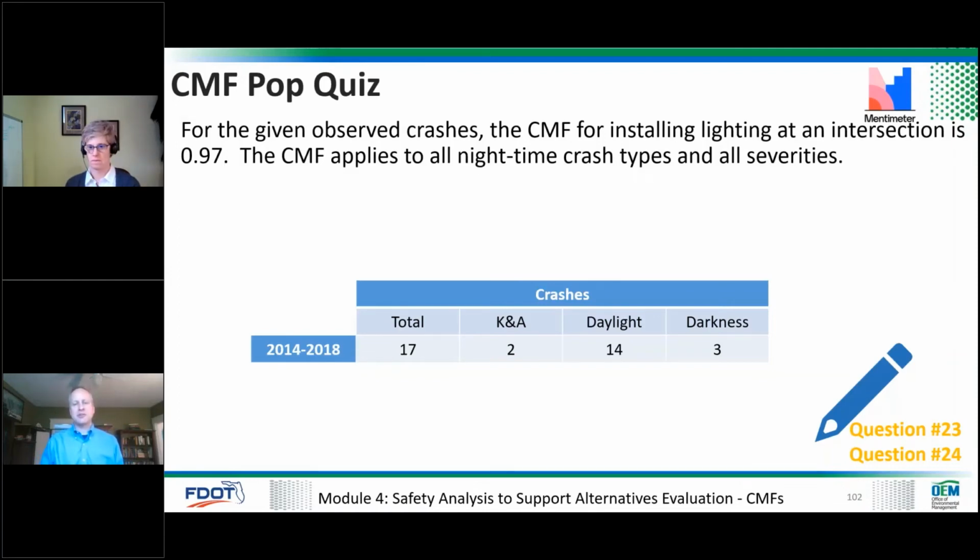What happens to the 17 crashes? What would have happened to those 17 crashes if you put in lighting? That's essentially what we're saying. Okay, give everybody about 10 more seconds, 10, 15 seconds.